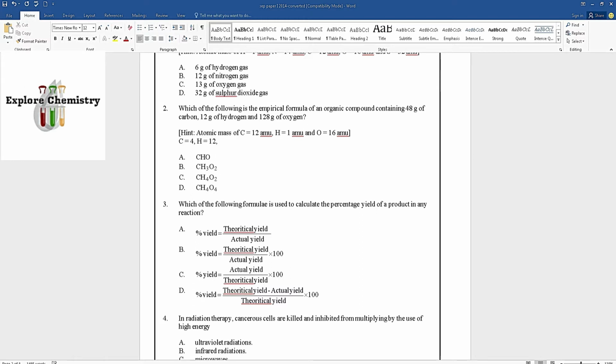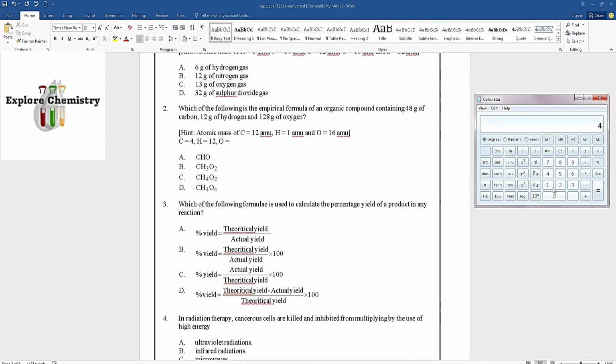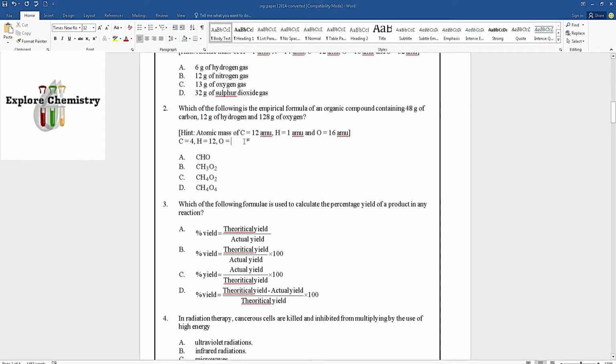Then oxygen moles you need to calculate. Oxygen mass is 128 grams. 128 divided by molar mass of oxygen, that is 16, you will get 8. So first you need to calculate the number of moles of all given elements. In the next step you have to calculate simple moles by dividing all values with the smallest value. Over here carbon moles are the smallest.